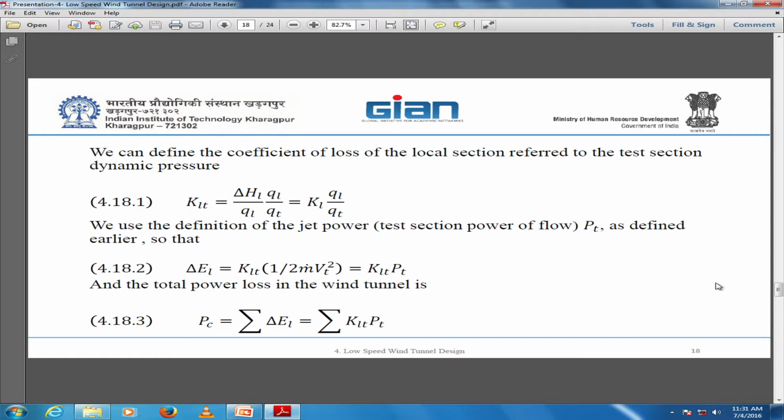And the next expression that we use is the energy ratio. Energy ratio is the jet power divided by the total loss of the circuit. See, that's what you were asking: what is the percentage between the loss and the jet power?